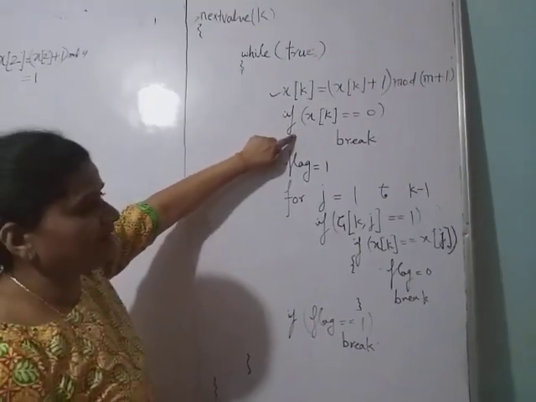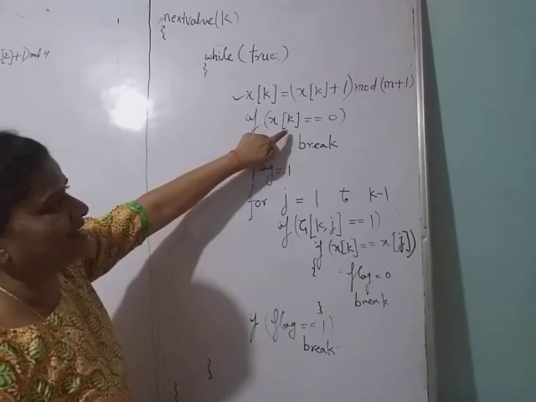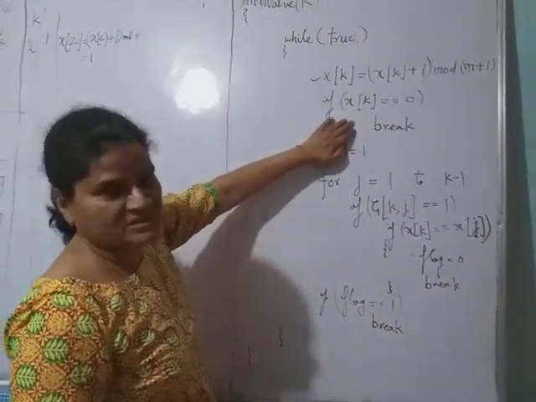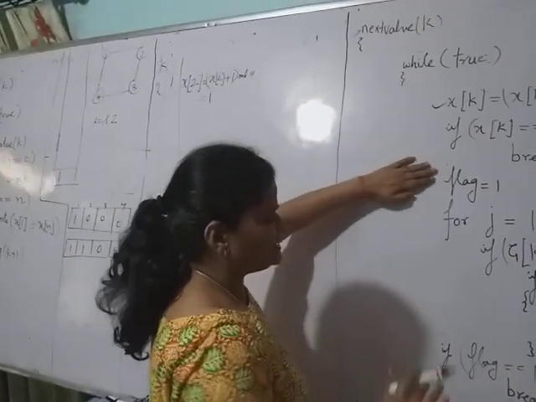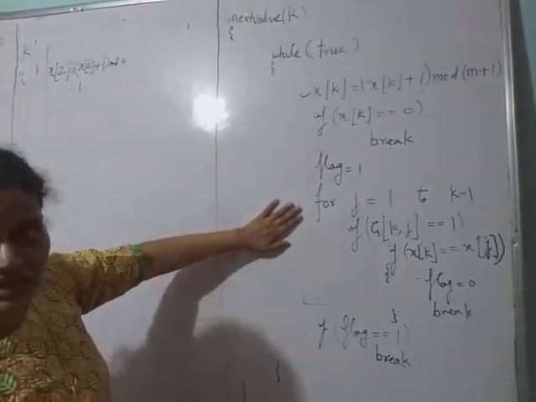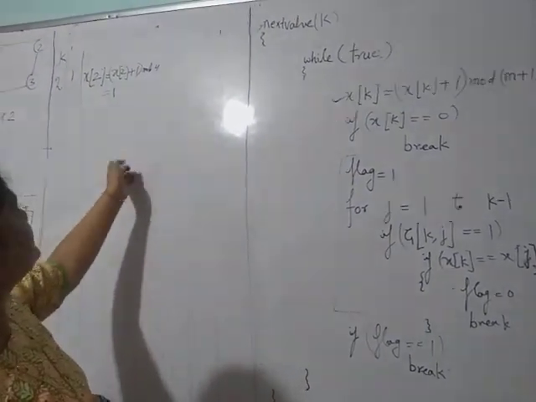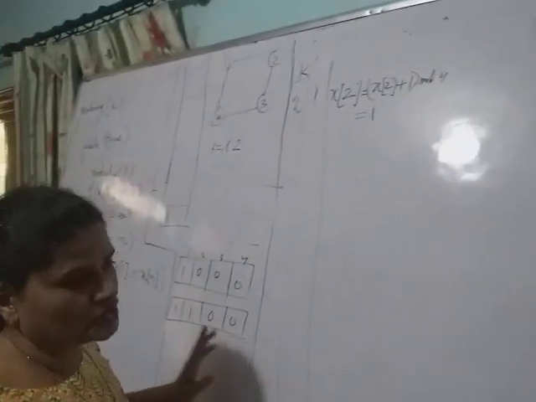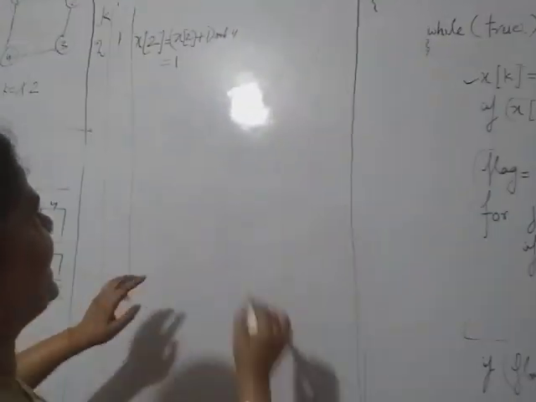Okay, and if the value of xk is 0, it means no new color is feasible or possible. Here xk is not 0 as x2 is 1. So simply this piece of code will check whether the second vertex can be colored with color number 1 or not. Okay, so here the flag is 1.